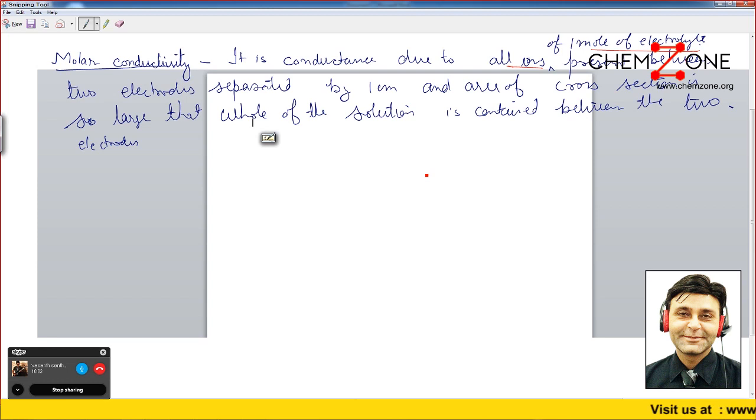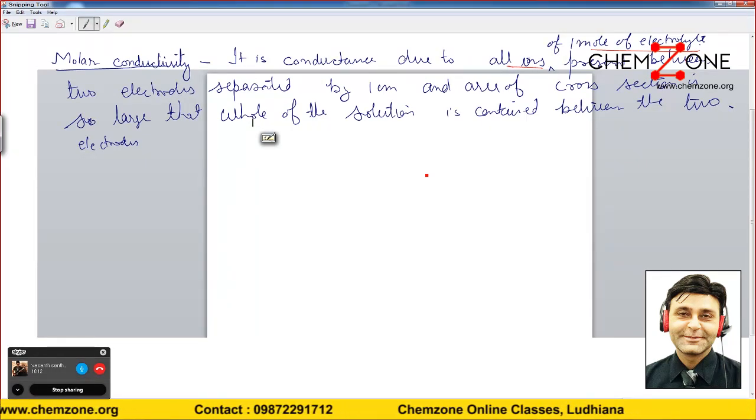In the previous case, when we talked about specific conductance, we did not fix any amount of the electrolyte. Here we are fixing it: 1 mole of electrolyte.